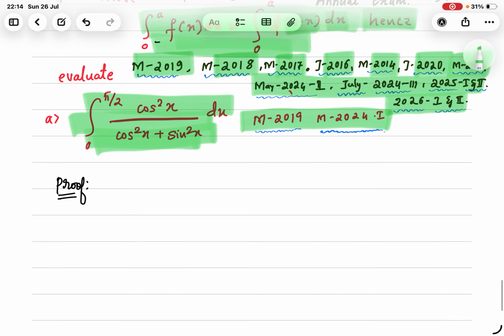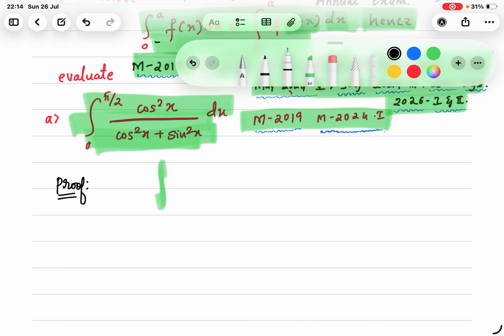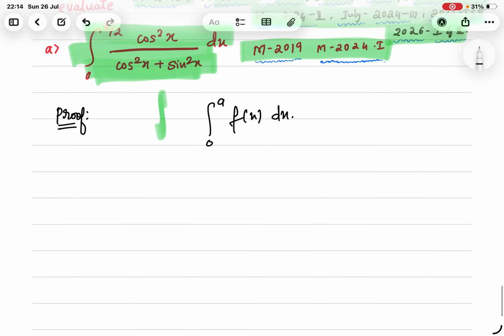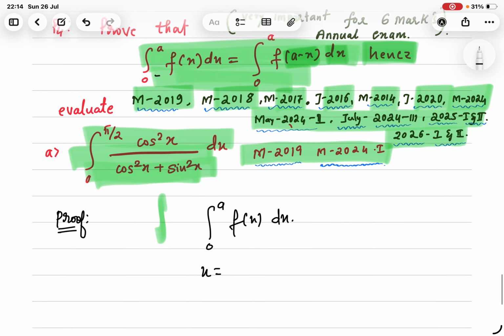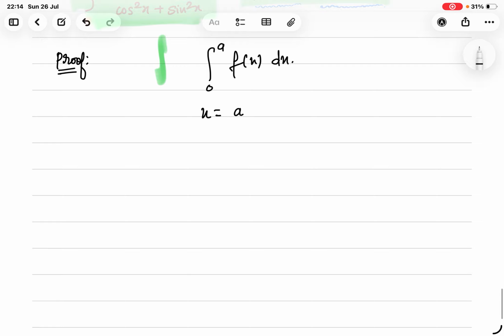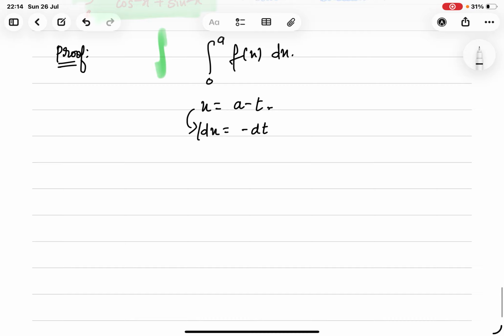Now consider the LHS, that is the integral from 0 to a of f of x with respect to x. Now we have to substitute x equal to a minus t, as we have to prove. Then dx will be minus dt, by differentiation of this: dx becomes minus dt.